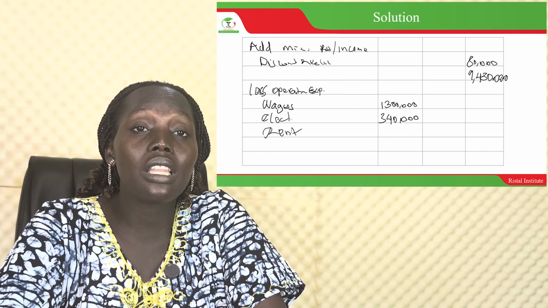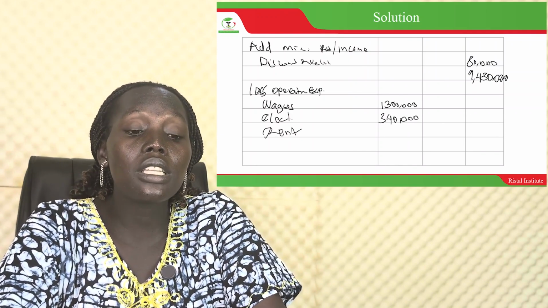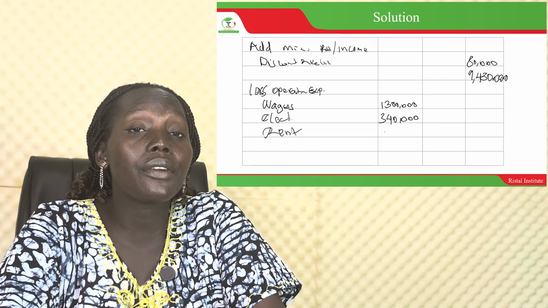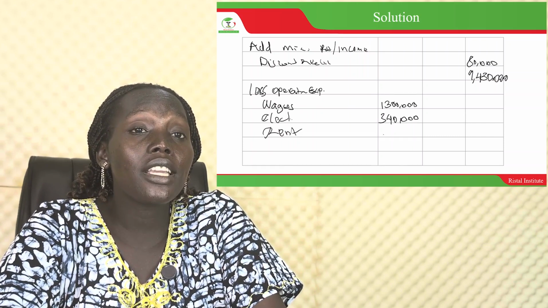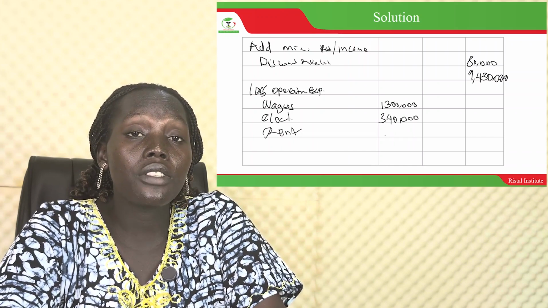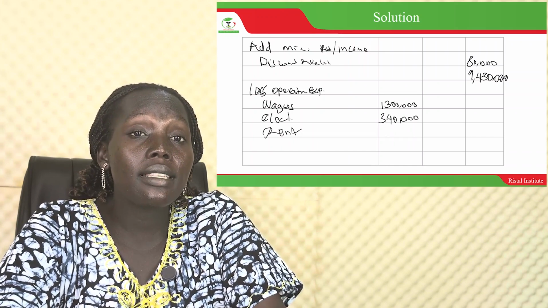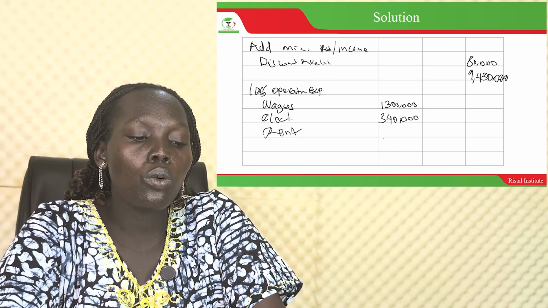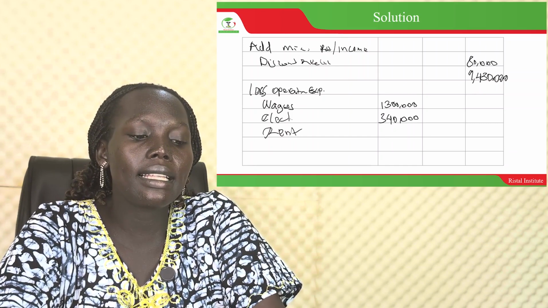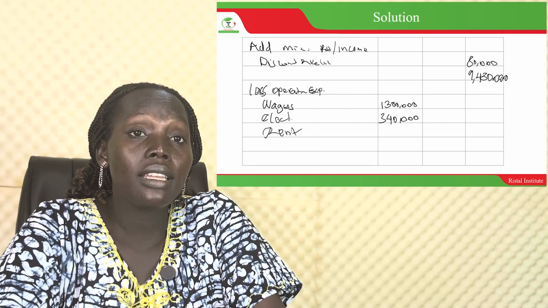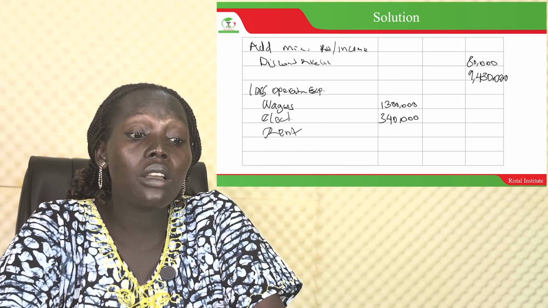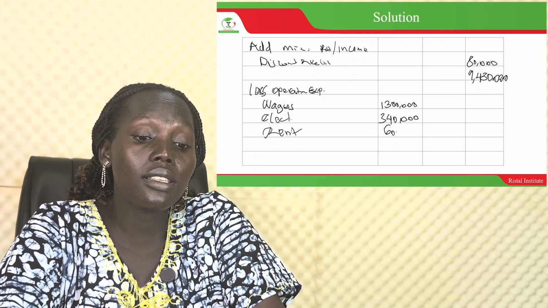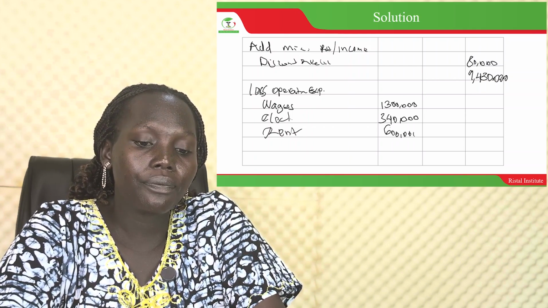Remember, in our notes they have given us the rent of 700,000. But then they say the 100,000 was prepaid. So we subtract to get the rent that was paid that particular period. So it's the one that we shall put to our expenses, which is now the 600,000.